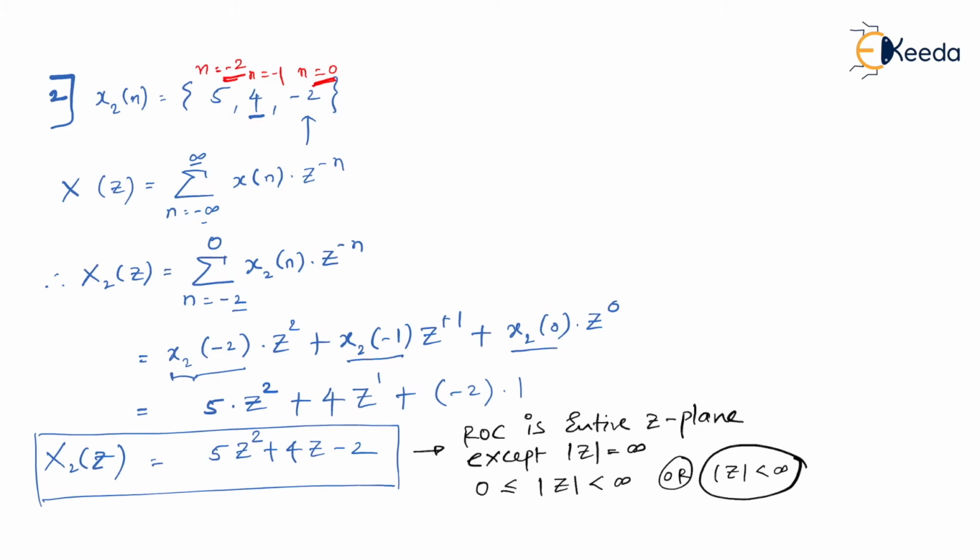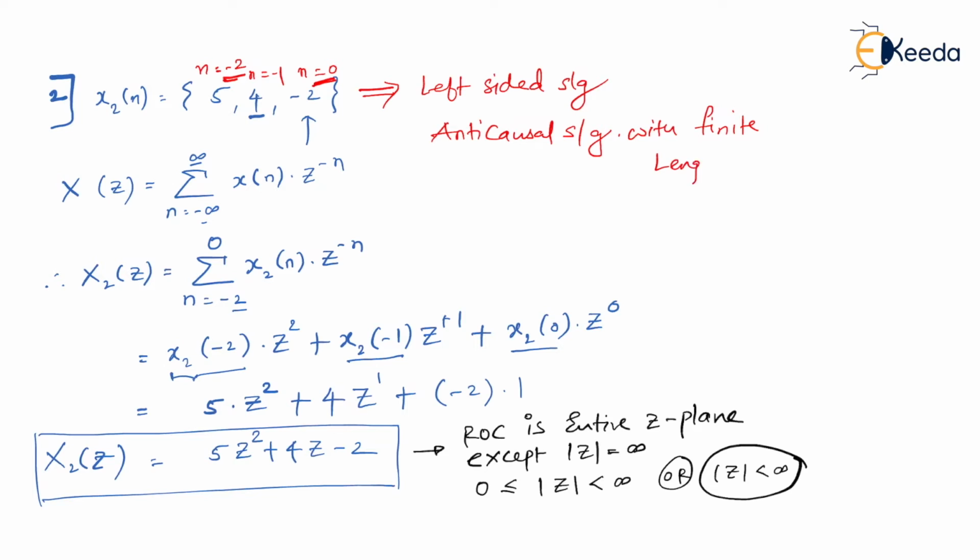This is how we have decided the ROC of our signal. So before I go to the next problem, let me write the nature of x2(n). So the nature of x2(n) is, it is a left-sided signal. It is also called an anti-causal signal with finite length. Let us go for the last sum, that is a finite length sequence.